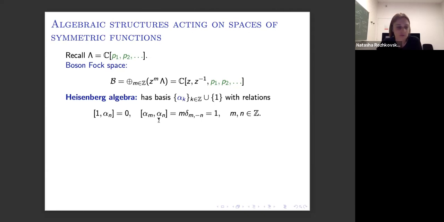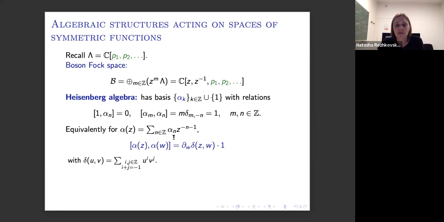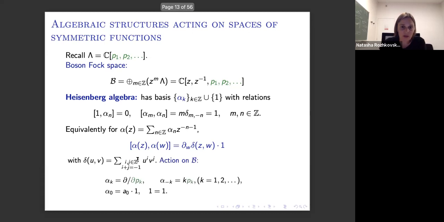So the Heisenberg algebra is of course acting here. This is a Lie algebra which has these kinds of generators and these kinds of relations. If we combine them in formal distributions, we can write down these generators through the formal delta function. The standard way to make the Heisenberg algebra act on a polynomial ring is by multiplication and differentiation. And for us, the meaning of these P's is going to be exactly power sums, those symmetric functions.